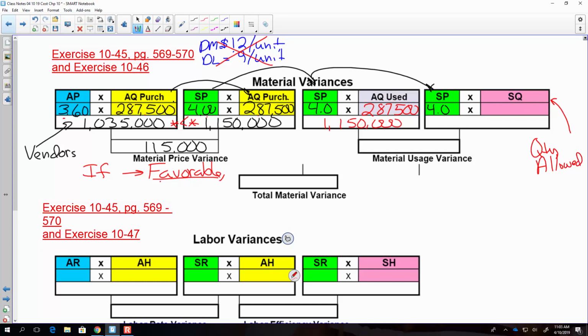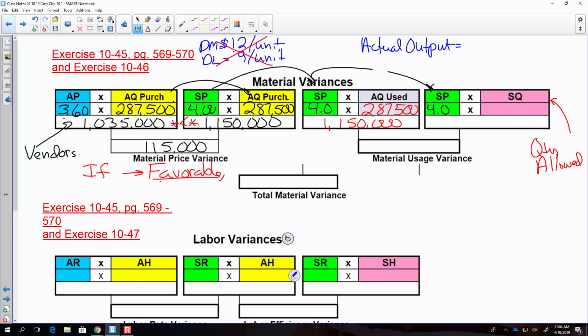Quantity allowed number. So in order to get the quantity allowed, we have to find out what was the actual output. What did we actually make in this month?